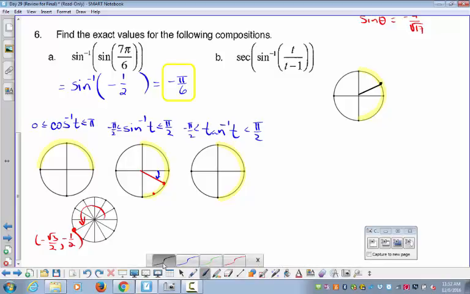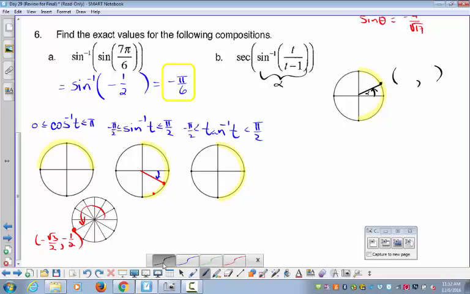And that angle right there, let's just call it alpha. Inverse sine is an angle, alpha. So I need that angle to satisfy the condition that sine of alpha is t over t minus 1. So I just need to position some stuff in here.